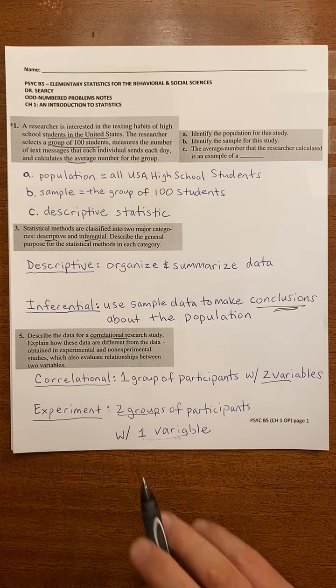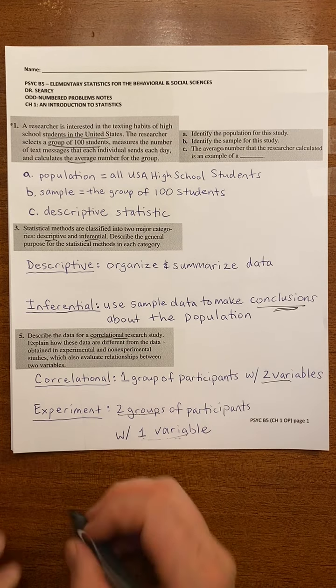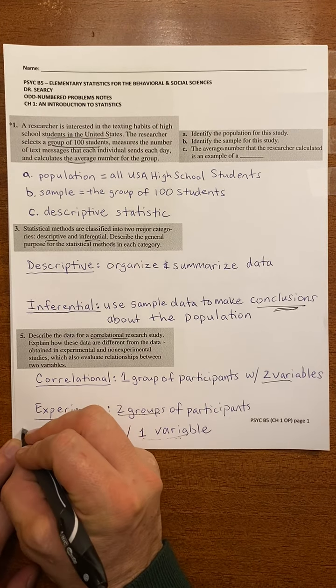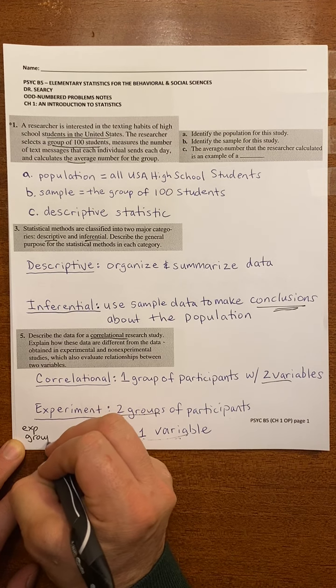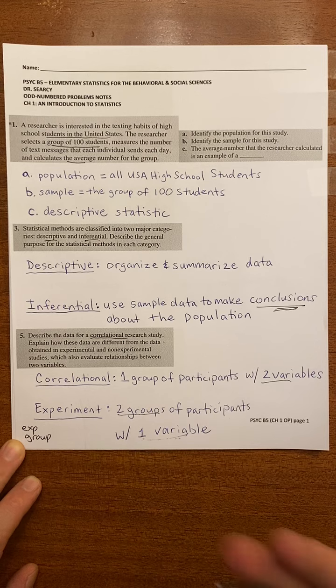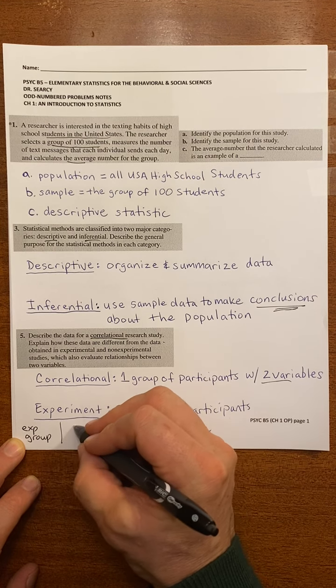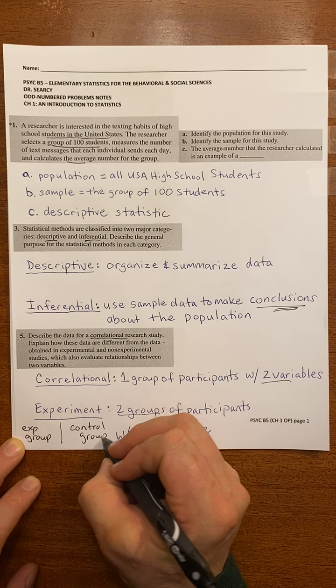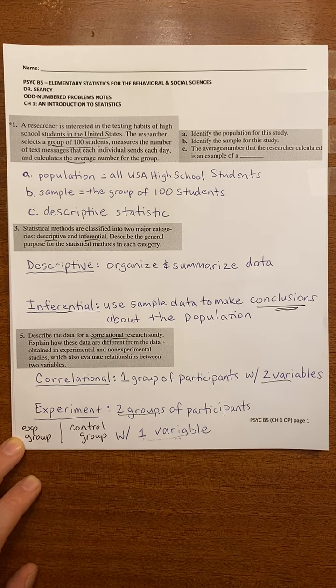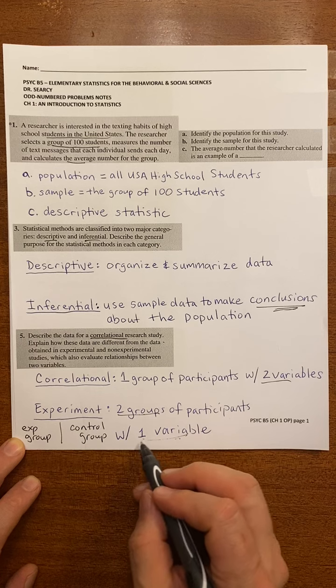A way that would happen with two groups is you could have one group that's referred to as the experimental group. And then you have a second group that's referred to as the control group. And what we would do here is we're going to expose both of them to the one variable, right?